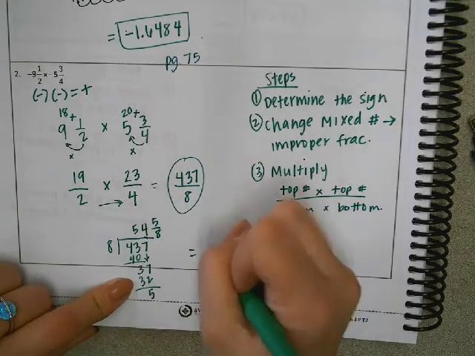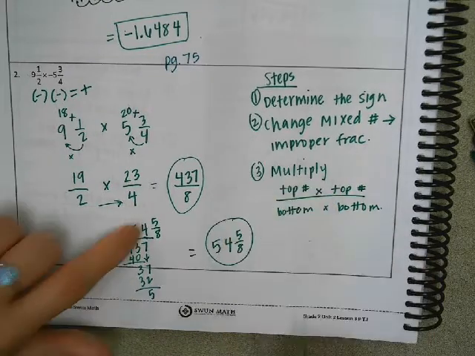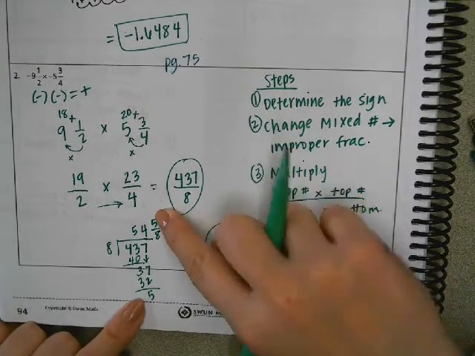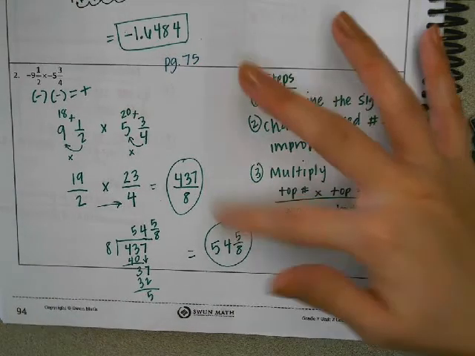So a positive 54 5/8. So you keep the same denominator and your remainder becomes your numerator, and 54 5/8. So either answer is correct.